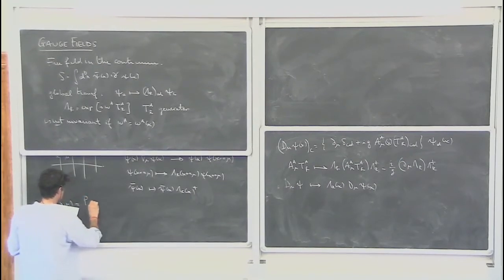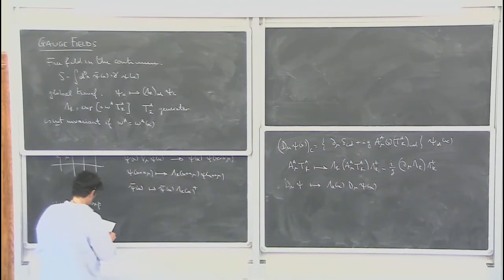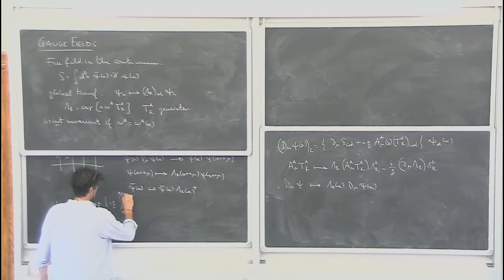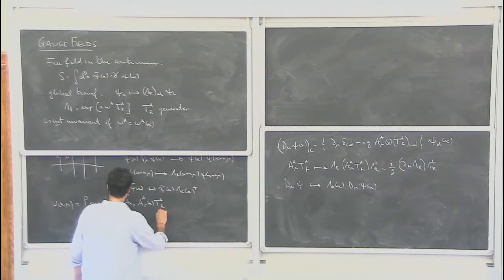And this is, if you have a theory in the continuum with an affine connection, then the parallel transporter is just the path-ordered exponential of i g times the integral from x to x plus a mu of dx sigma A sigma(x), with T^a the generators.